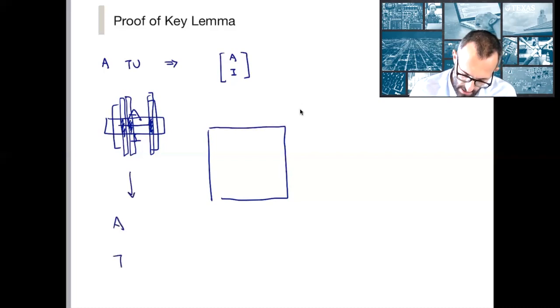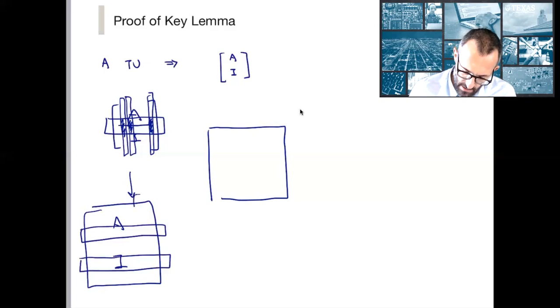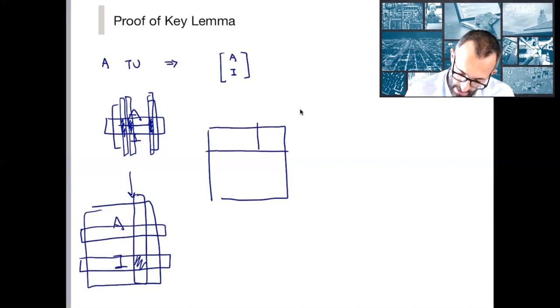So here's A, here's I, here's my matrix, and I'm going to take some rows of A, some rows of I, and some columns. And now I'm asking, what does this intersection look like?